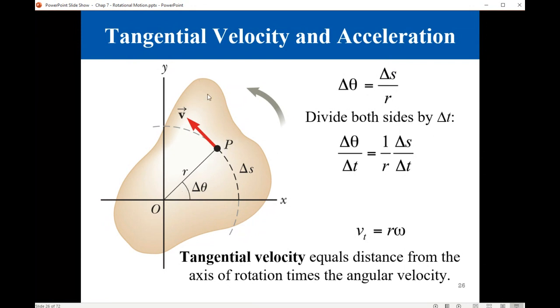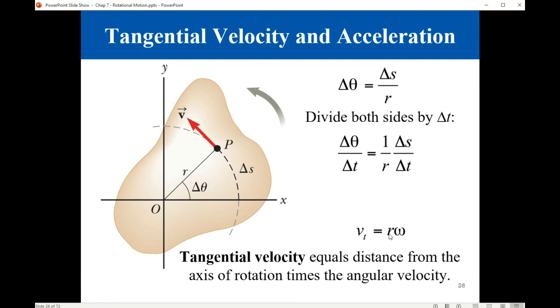So different points on this rigid body will have different values for r, right? Like if you take a point here, r will be less than r for this point. So from this equation, we understand that all points on the rigid object will share the value of omega, but they will have different values of r.